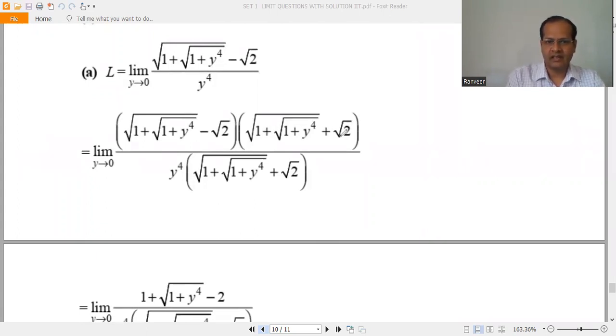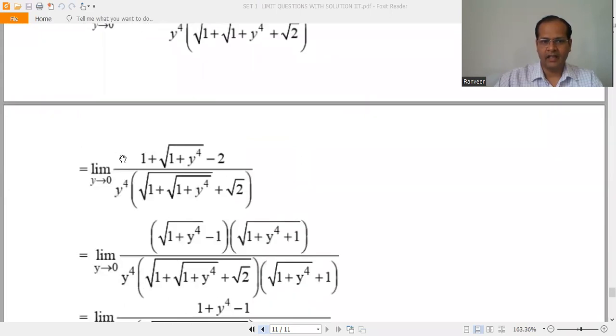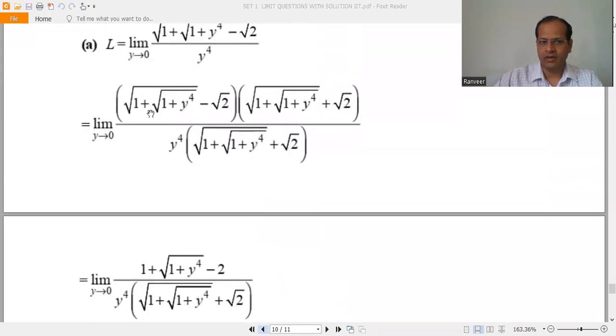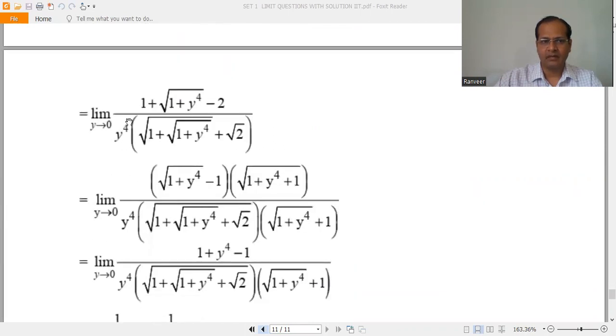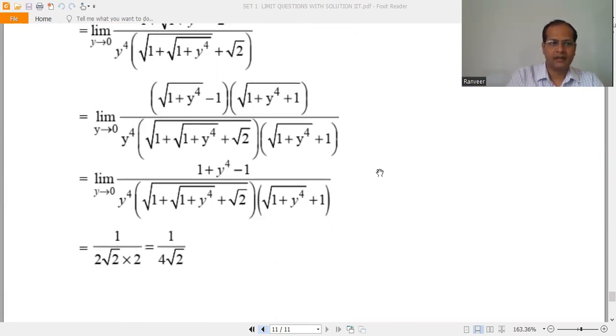So this is minus, so we divide by this root under format, and in the numerator part, this is nothing but 1 plus root under 1 plus y square minus 2, and this becomes 1 minus 2, and 1 plus y to the power 4 minus 1, 1 plus y to the power 4 plus 1, and in this way 1 plus root under 1 plus y to the power 4 plus root 2, and this is the value that came.